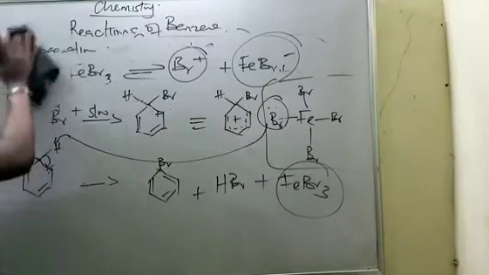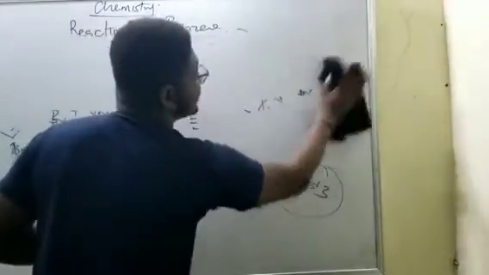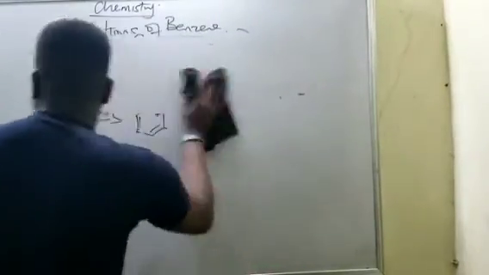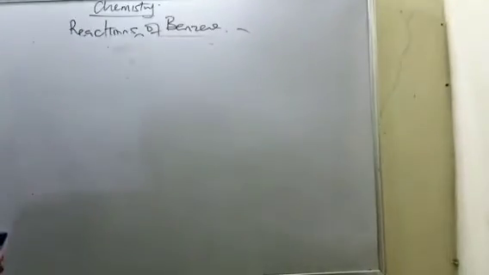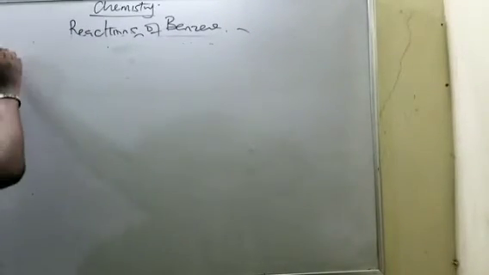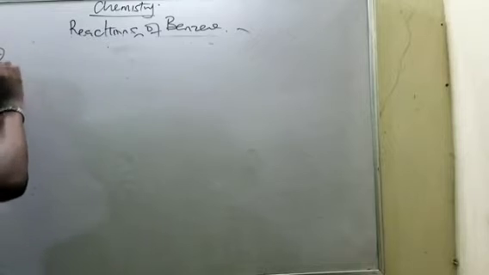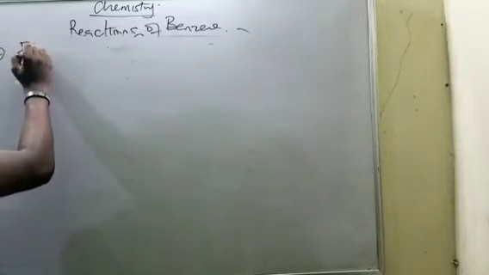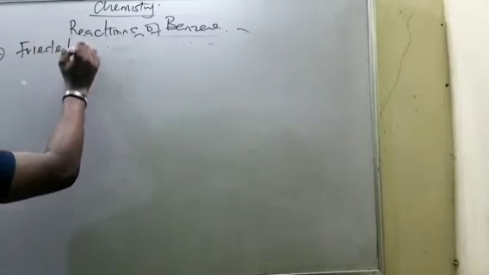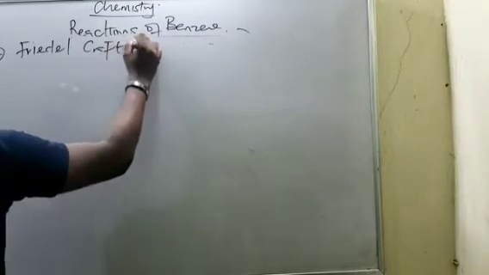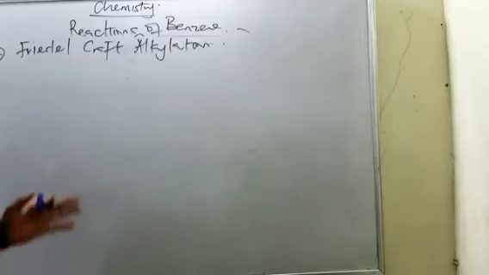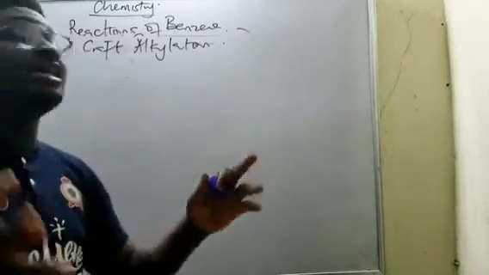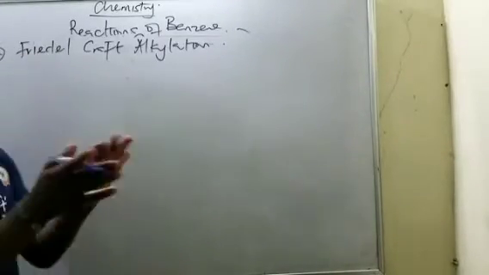The next thing we will be talking about is the Friedel-Crafts alkylation and acylation. Let's talk about the Friedel-Crafts alkylation briefly. Actually, this is a compound name of 2 different chemists, Friedel and Crafts, coming together.